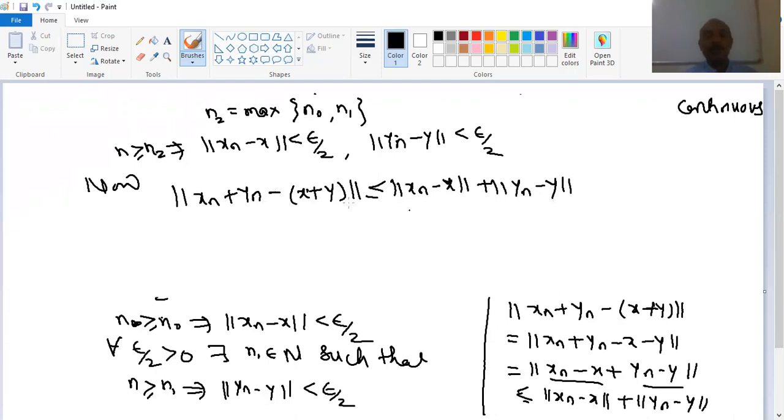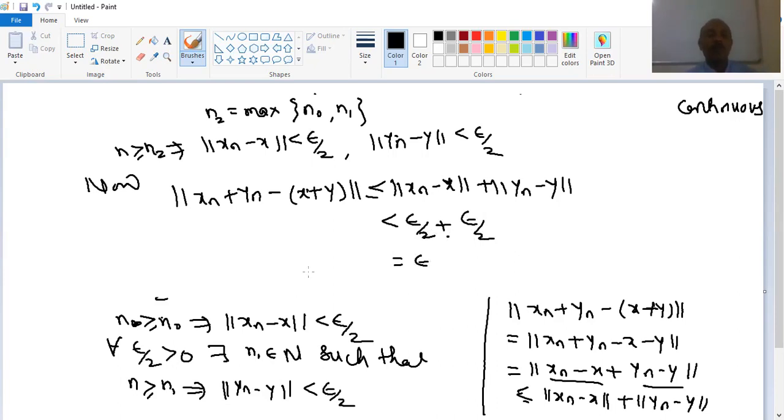As we know, this value is less than epsilon by 2, and this value is also less than epsilon by 2. Epsilon by 2 plus epsilon by 2 is epsilon.